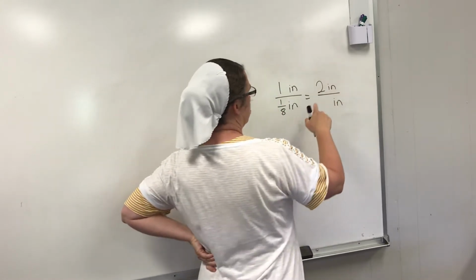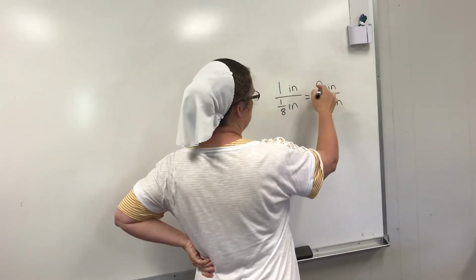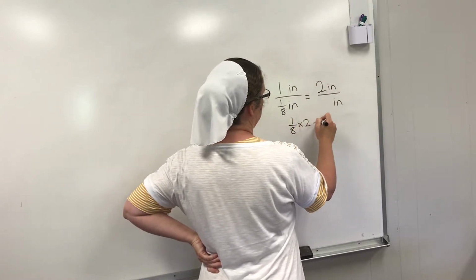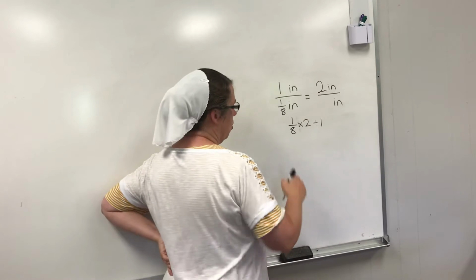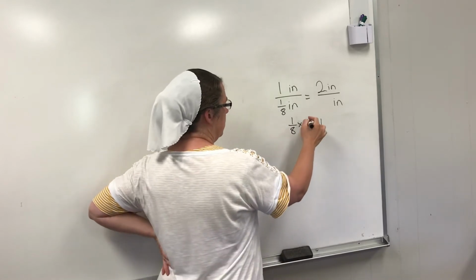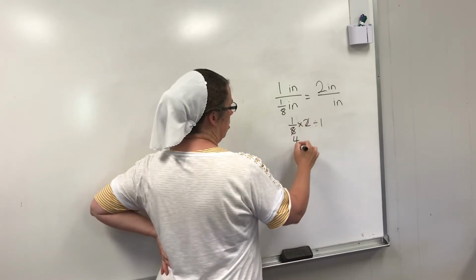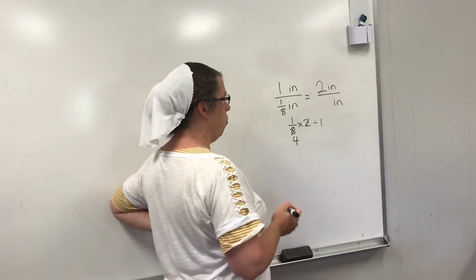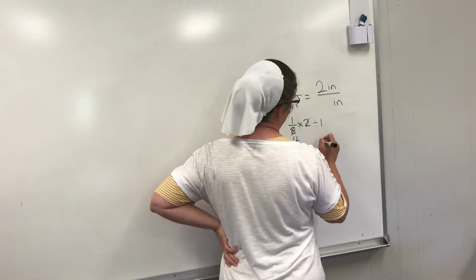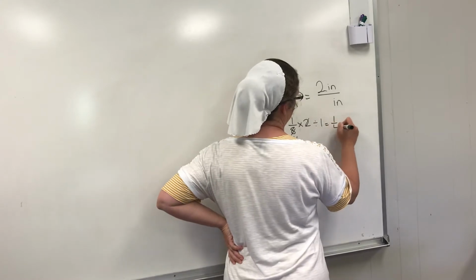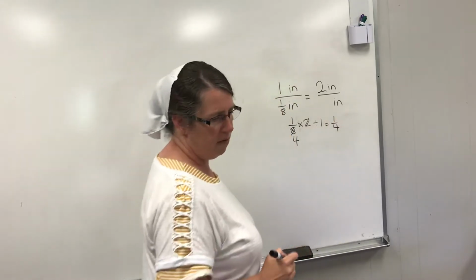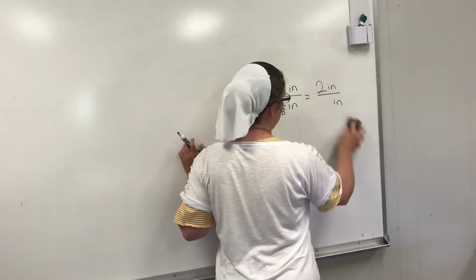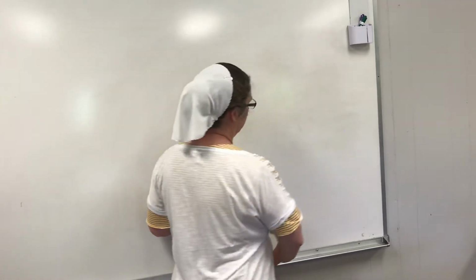So if the insect is actually 2 inches long, you go 1/8 times 2 divided by 1. 1/8 times 2 is actually 1/4 divided by 1 is 1/4. 1/4 inch. All right, so that's how you would do it.